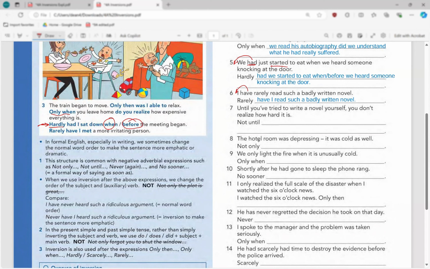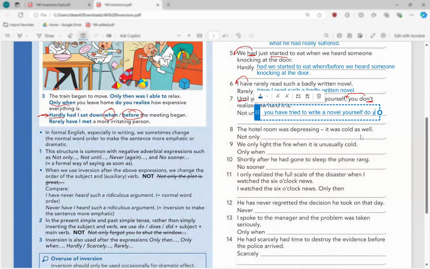So not until you have tried to write a novel yourself do you realize how hard it is.